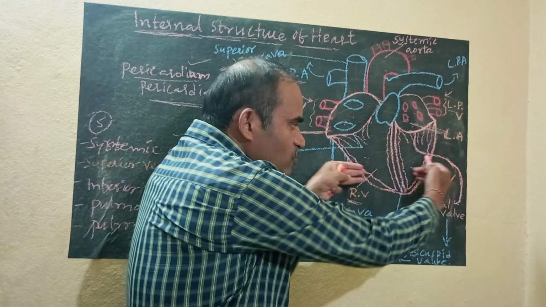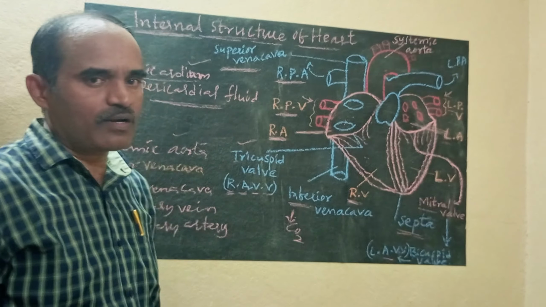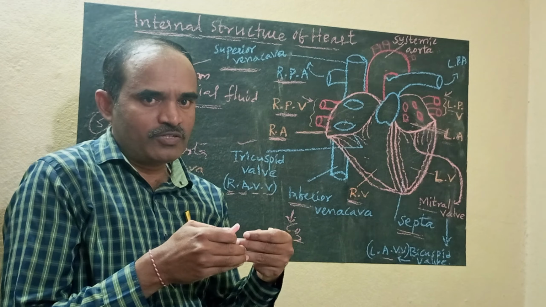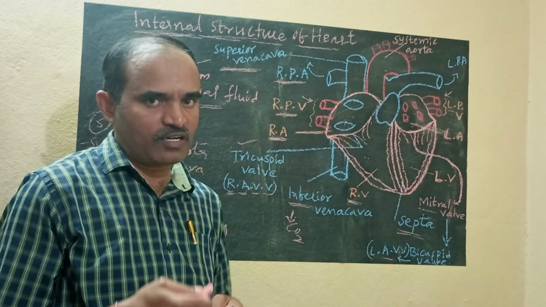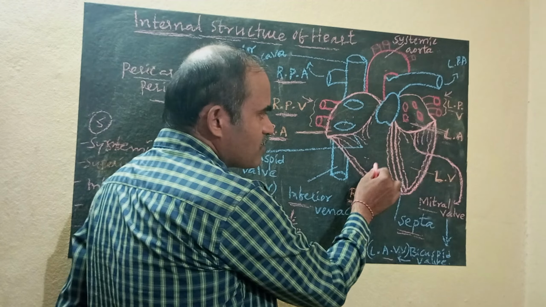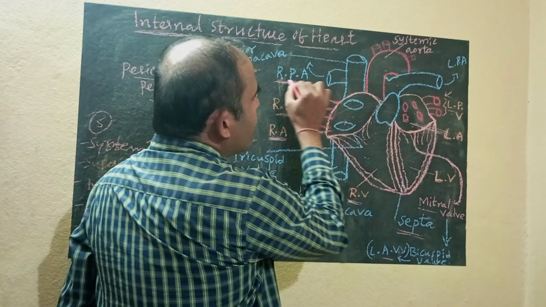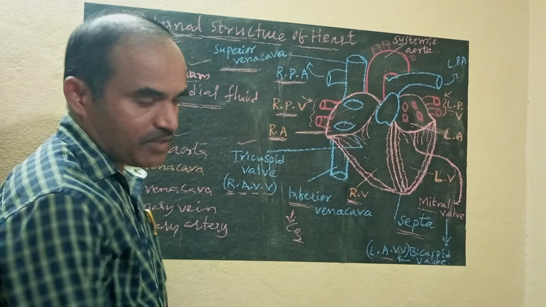When the lower two chambers contract, moving inwards due to muscle contraction, the blood flows from the right ventricle to the pulmonary artery.